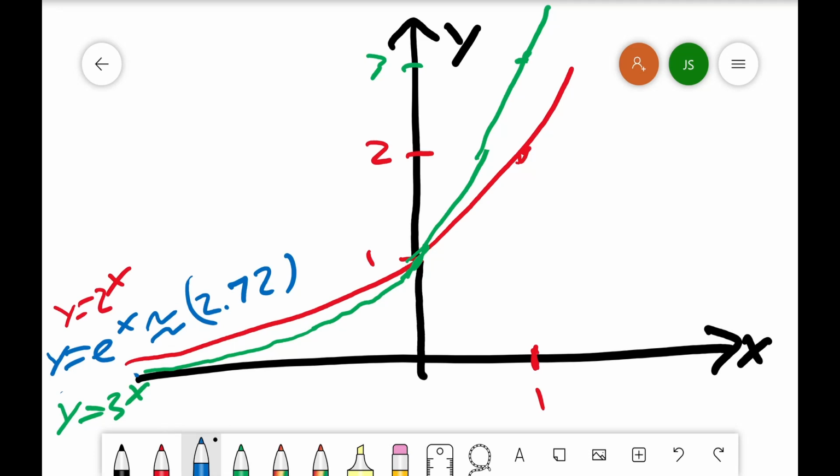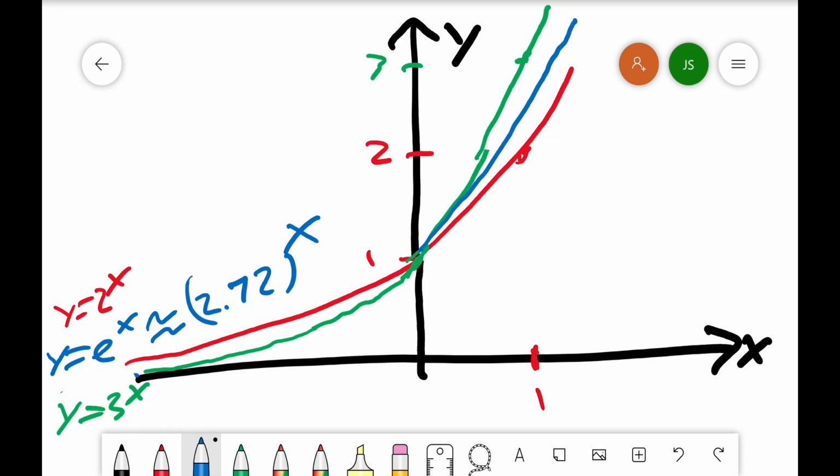But if you're trying to figure out the size of it, this is about how big it is. So there's approximately 2.72 to the x. That's larger than 2, which means the graph on the positive x side should be larger than 2 to the x. But it's smaller than 3, so it should be smaller than the graph of 3 to the x. So in between here.